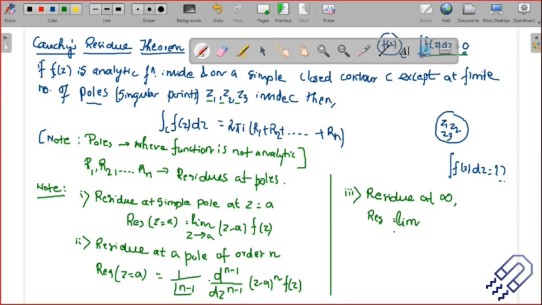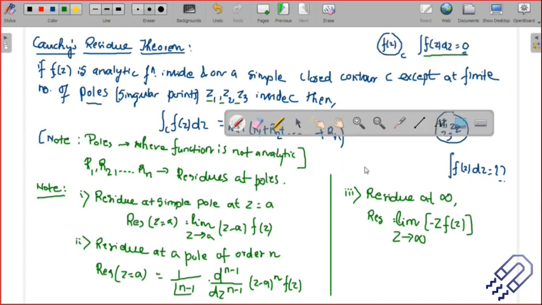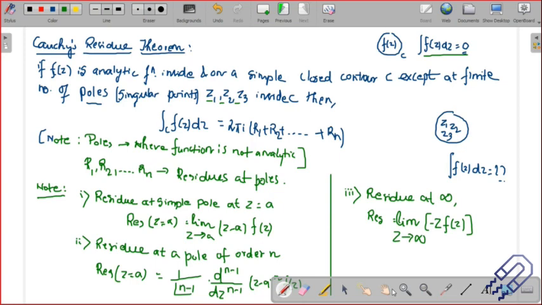We'll take examples and it will be clearer. These are the important points to remember when you do problems on residues, poles, or finding integral values using the Cauchy residue theorem.